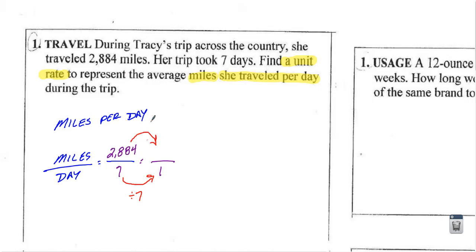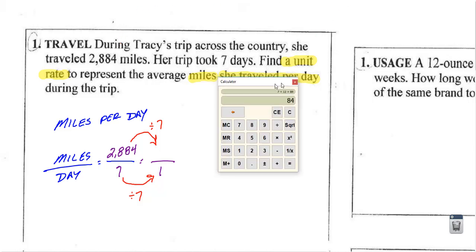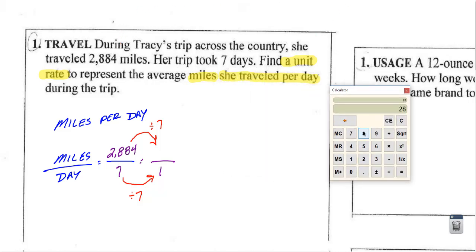So here I'm going to divide by 7. And when I divide 2,884 by 7, I get 412. 412 is the number of miles, so 412 miles per day.